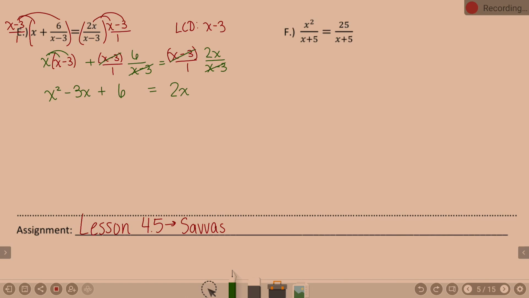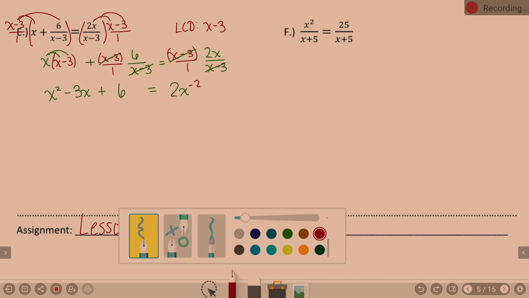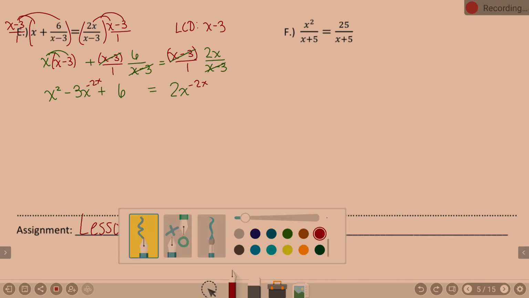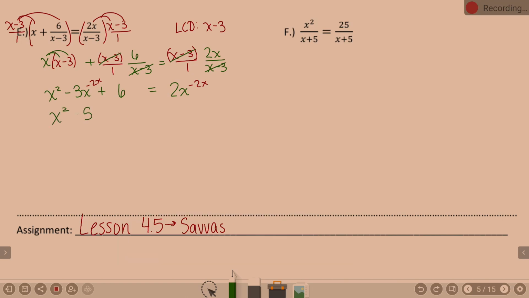Bring it over. I see an x squared, so I want to make my equation equal to 0. So subtract 2x, and I have x squared minus 5x plus 6 equals 0. Factor it, and then set them both equal to 0.